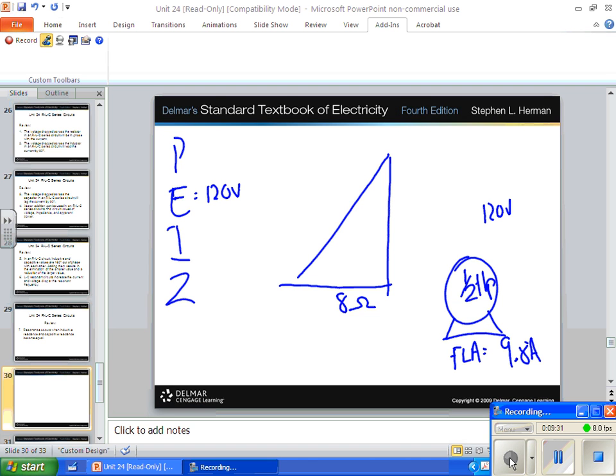All right, so we're going to assume we know a few things about this motor. We're going to assume that we have taken a resistance reading across the total windings, and we have 8 ohms of total resistance. And we know that we have a full load amperage of 9.8 amps.